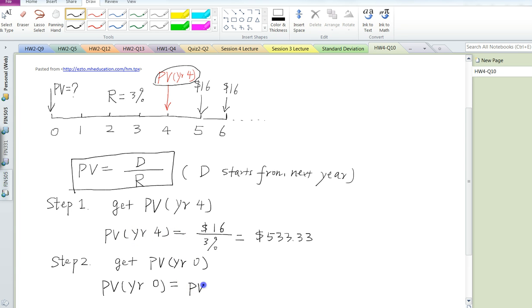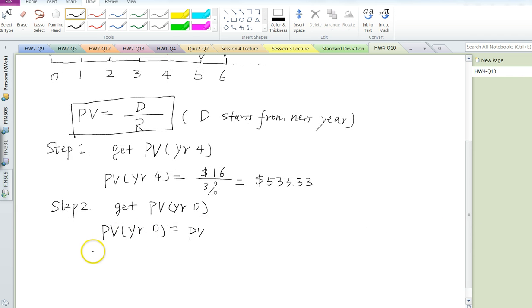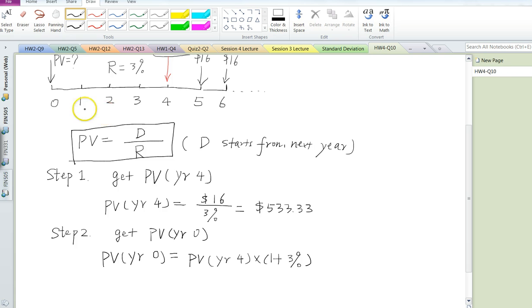So we can use the present value formula for a single future value to figure out the true present value. So that's the year 4 value times 1 plus the interest rate, which is the discount rate here, 3%, raised to the power of, again, we are calculating the present value, and we have 4 years between the current date and year 4. So the power here should be a negative number, -4.